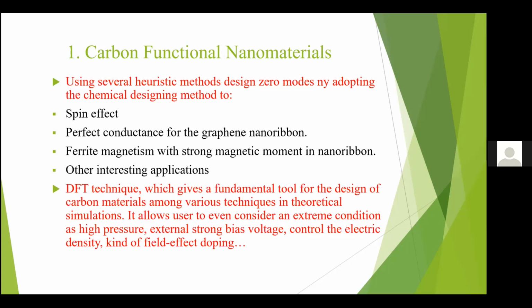And nowadays the DFT technique is a fundamental tool for the design of carbon materials among the various techniques in theoretical simulation. It allows users to consider extreme conditions like high pressure, external strong bias voltage, control of the electron density, and field effect doping as well.